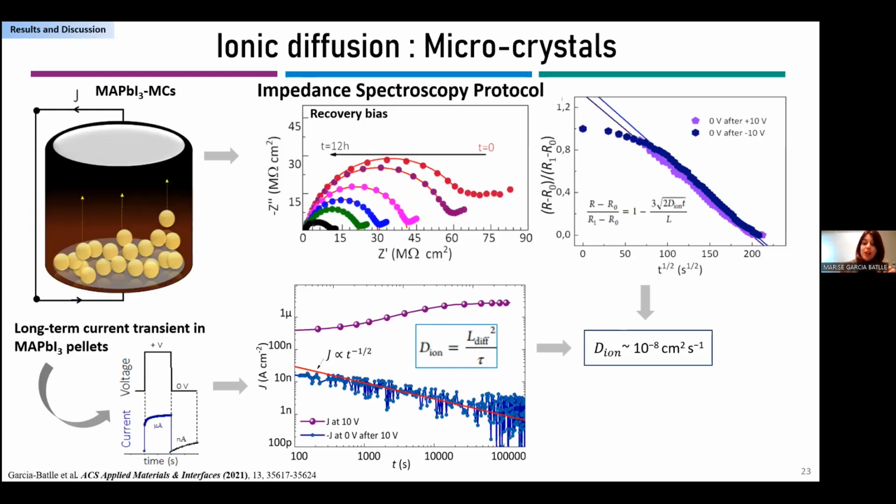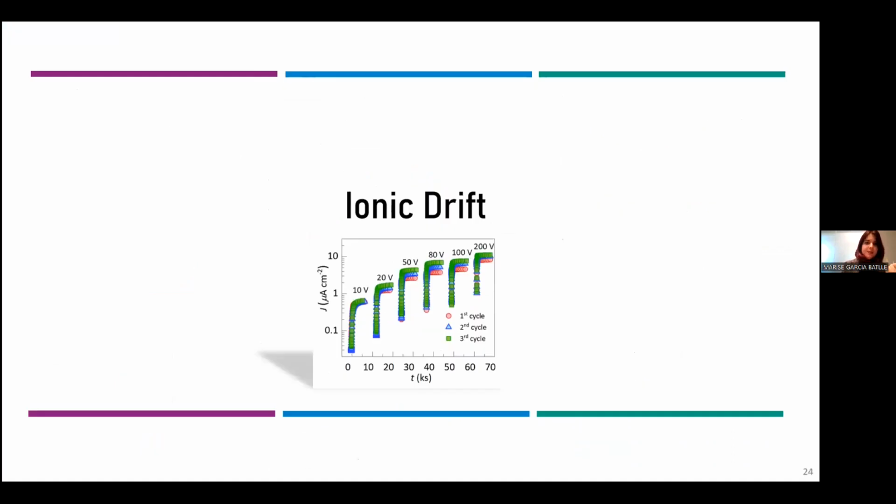So both measurements were consistent, and we were quite happy with that. This diffusion coefficient will be addressed in the next slide, where I will explain how we connect this to the migration of these halide vacancies.